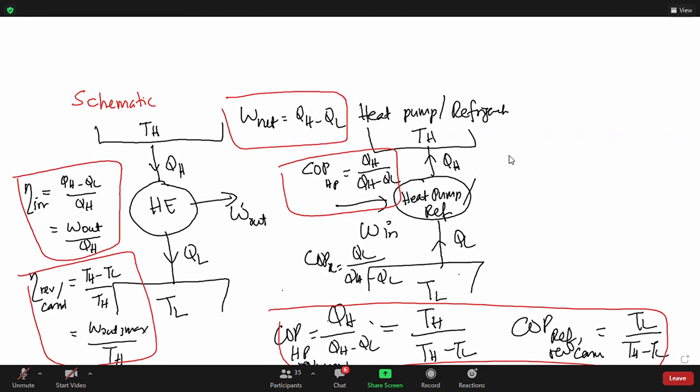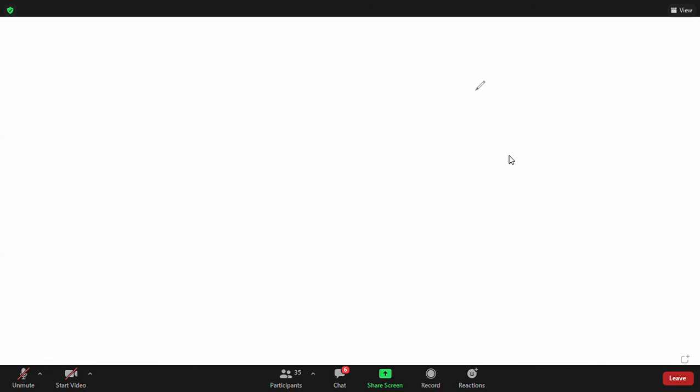So last but not least, entropy. As I said, entropy will cover everything. So you must know how to find the change in entropy.